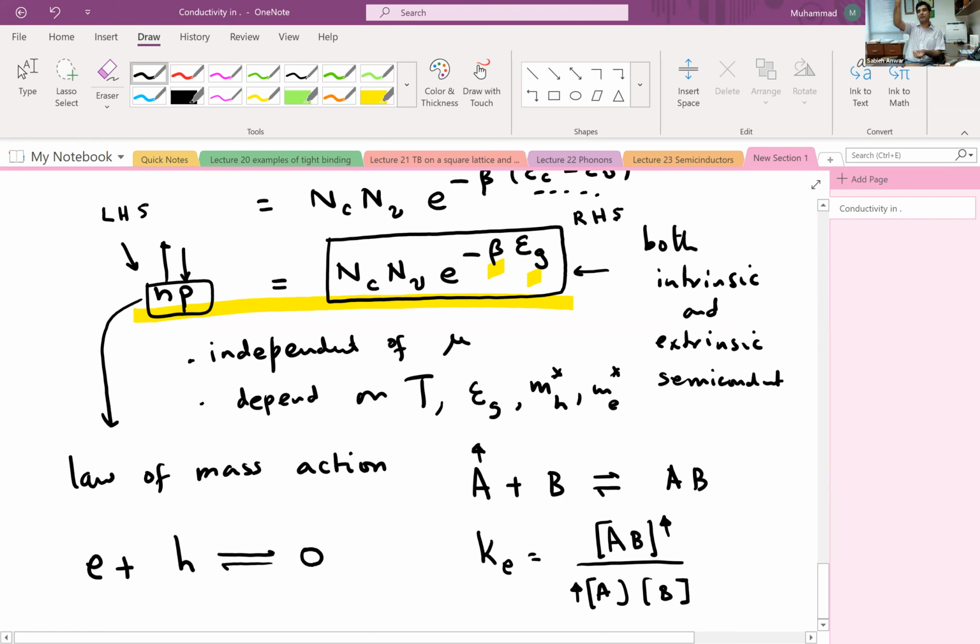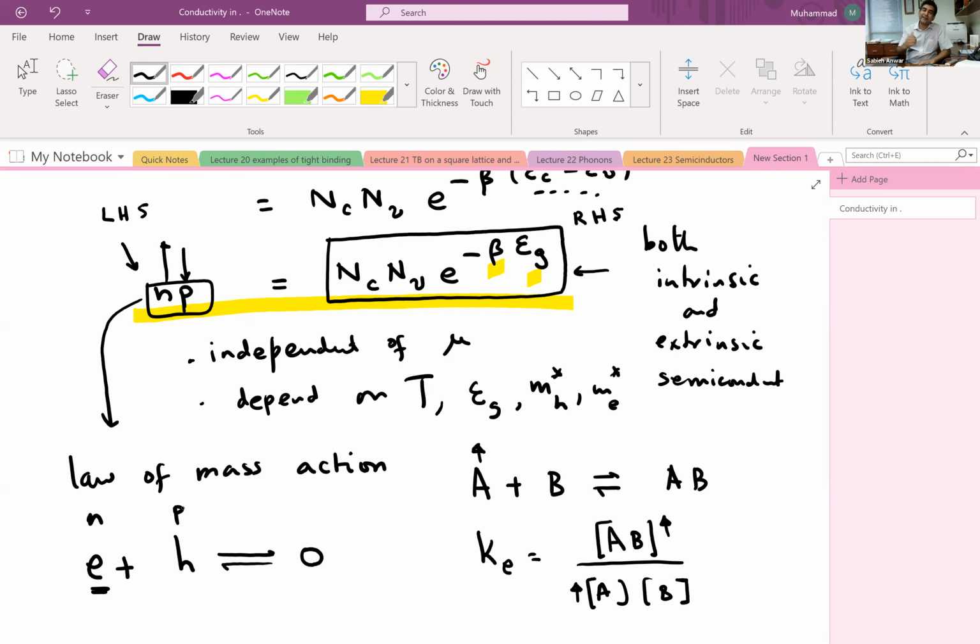More holes and more electrons, they will recombine more, just like a normal chemical reaction. If you increase this concentration, which is N, and this concentration, which is P, the rate of recombination is also going to go up. Recombination happens whenever there is a hole and an electron. So the left hand side is really proportional to the rate of recombination.